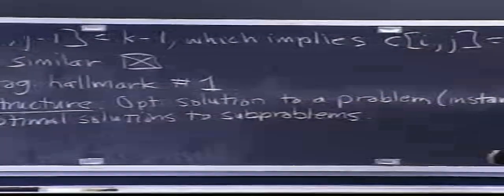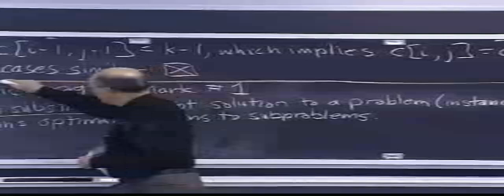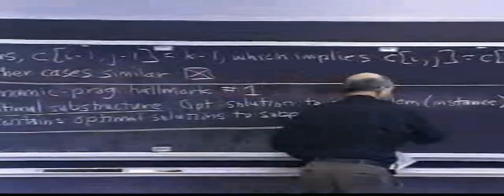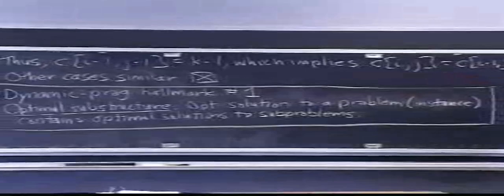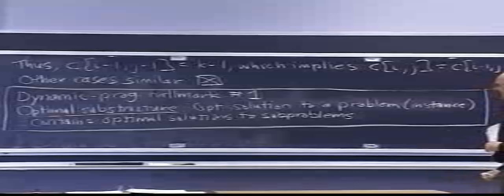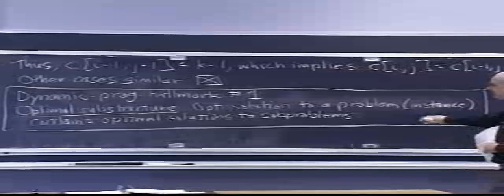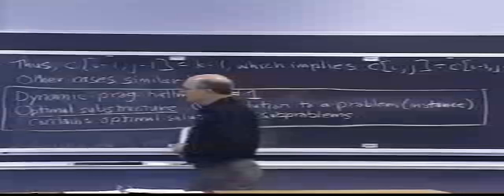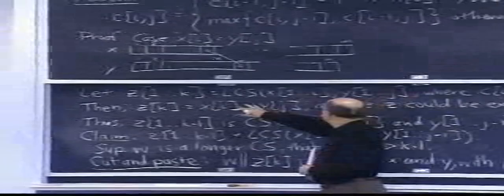So this is worth boxing, because this is one of the key hallmarks of when dynamic programming is appropriate to use, if you notice this property. So in this case, one looks at the longest common subsequence here, and you say, oh, goodness, look at that.